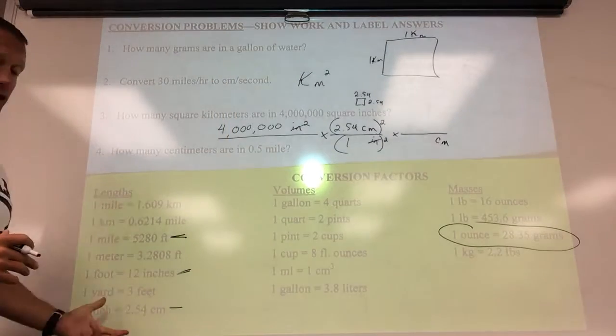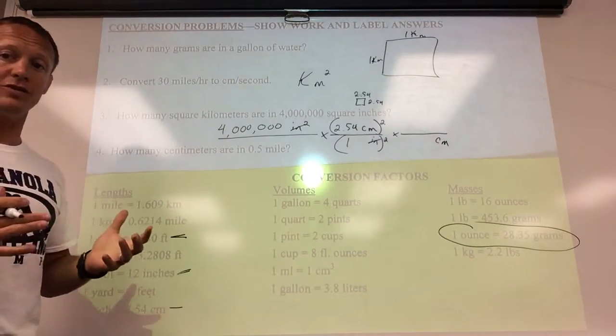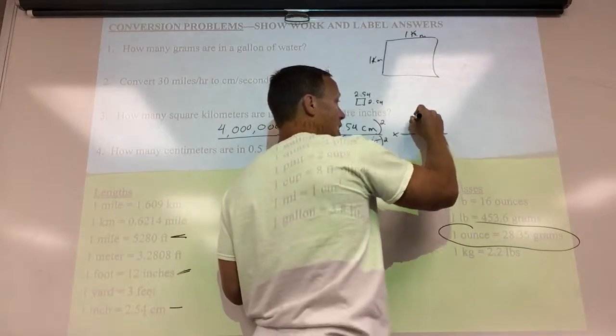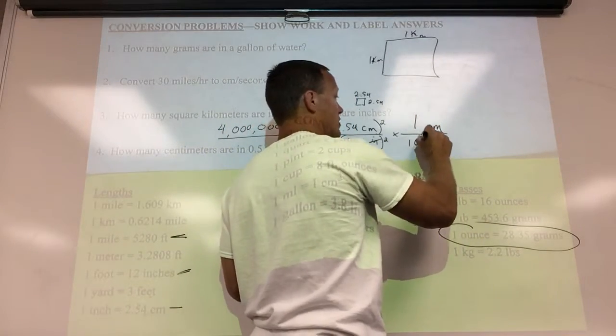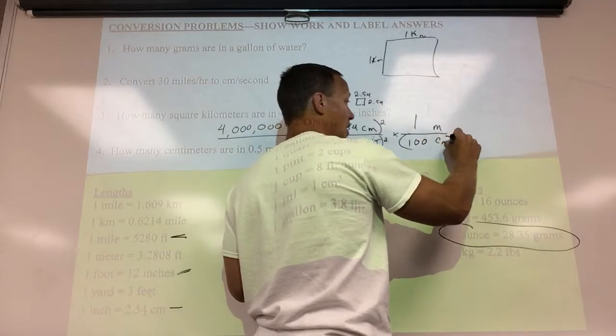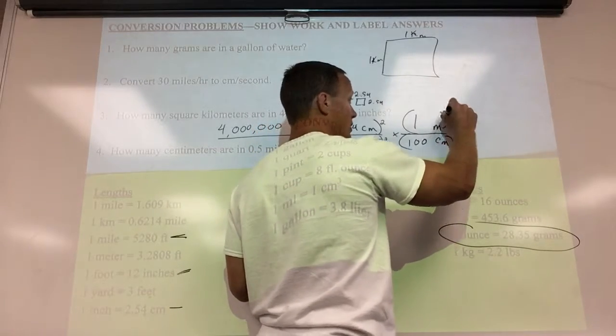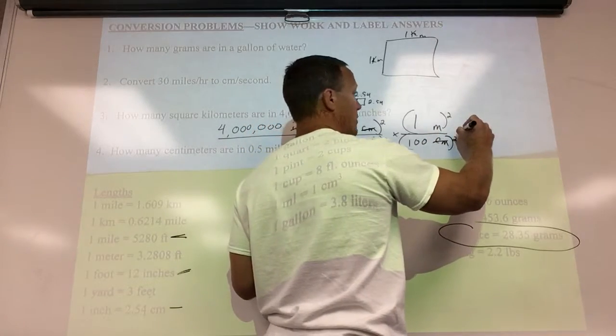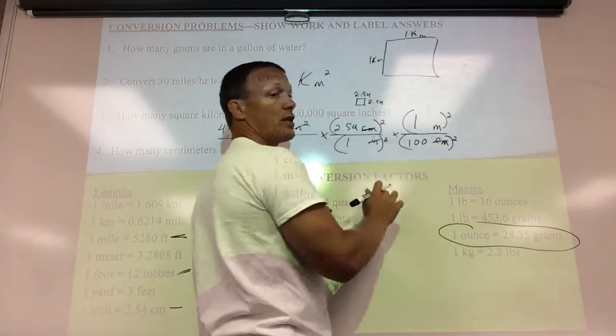There is no centimeters to kilometers, but remember you should know to the base unit. So I should be able to go centimeters to the base unit, which would be meters. A meter stick contains 100 centimeters. Again, if I'm going to square it, I got to square the whole quantity. So centimeters, centimeters. But I still have to remember to square this 100.